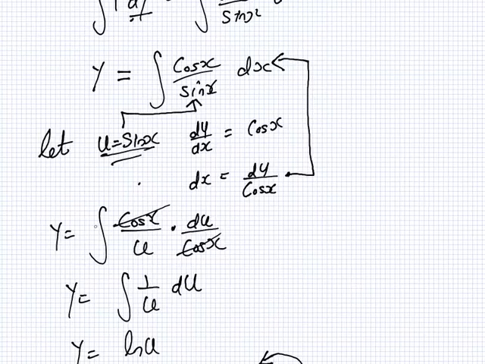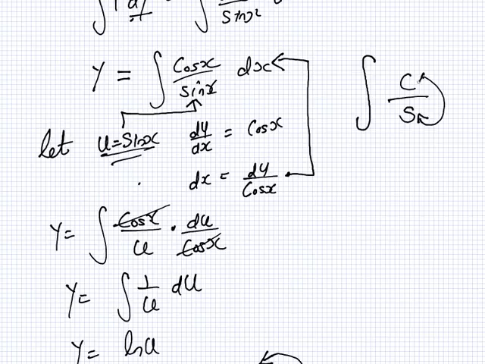Another clue is when one part of the problem is the derivative of another part. So for example here, the sine and the cos: sine is the derivative of cos and vice versa. So whenever you see a question that has two parts, and one part looks like the derivative of another part, that is another clue as well.